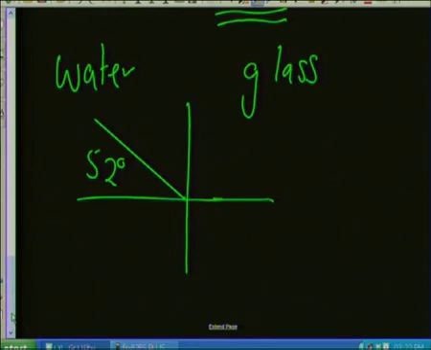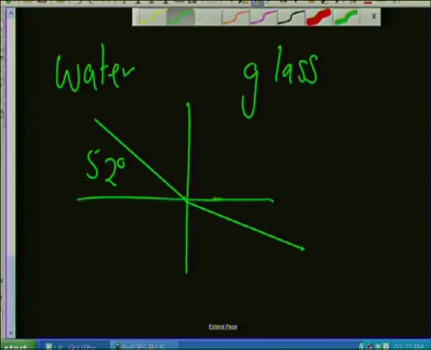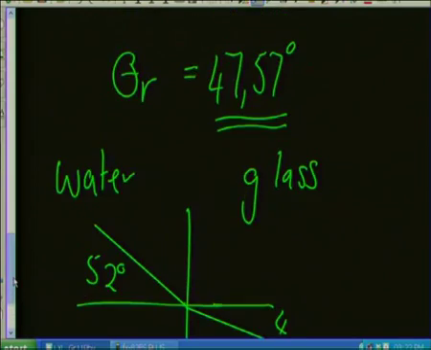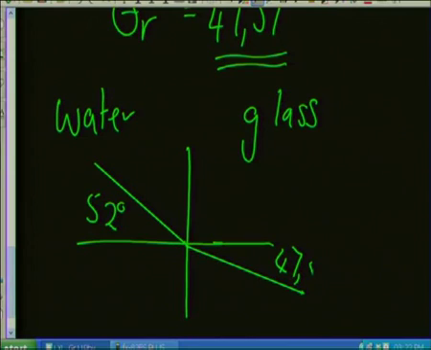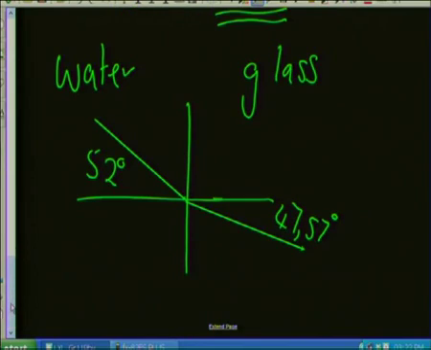Well, remember that's also measured from the normal. I'm going to see that it's bending towards the normal, and certainly this is not going to be internal reflection, 47,57. There's no way that that's going to produce internal reflection. Okay, remember the conditions. Don't fall for the trap.